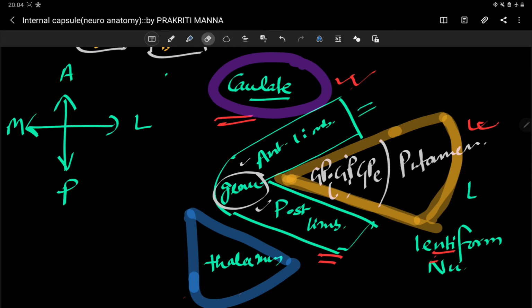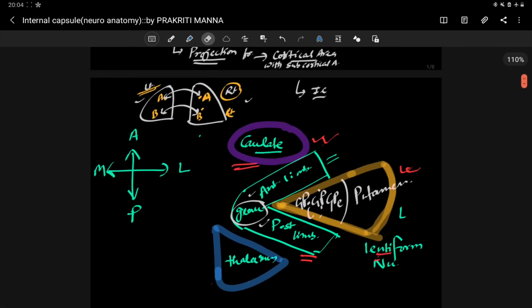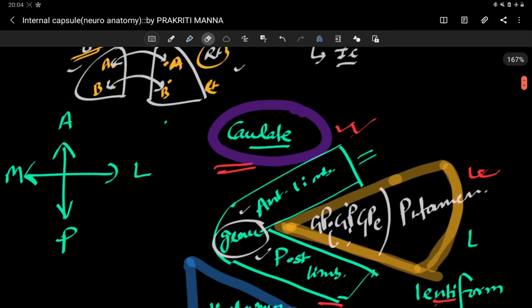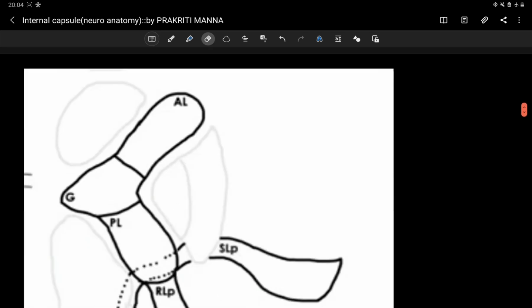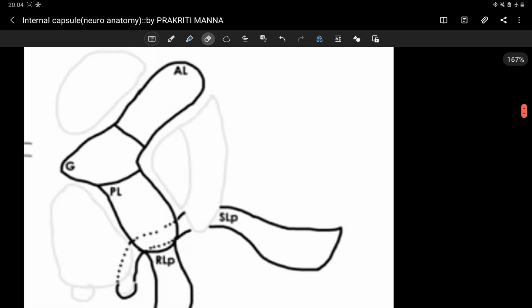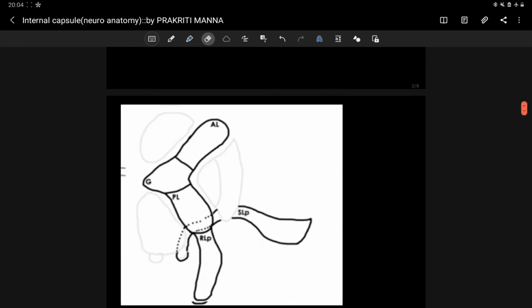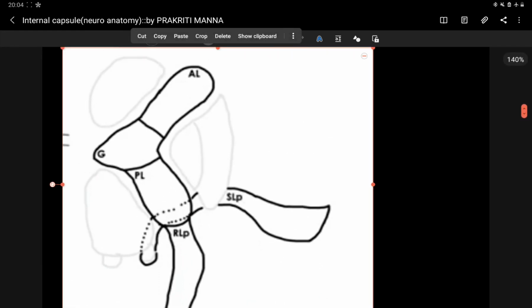So now let's talk about the relations of various nerves passing through the internal capsules. Before discussing the nerves, I am going to talk about the various parts or portions of the internal capsule. Same thing.